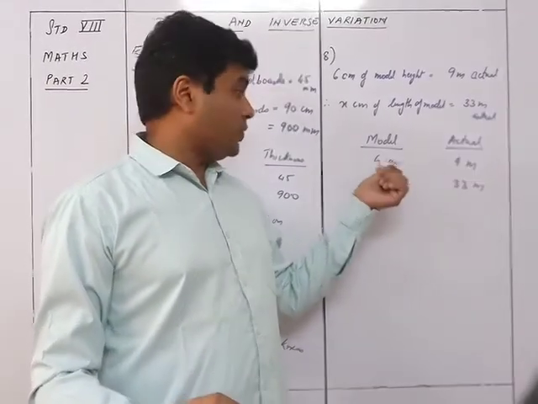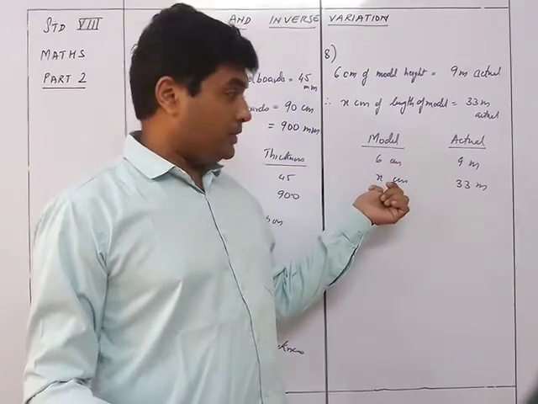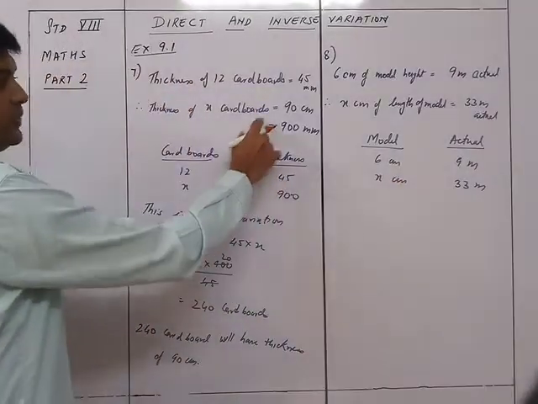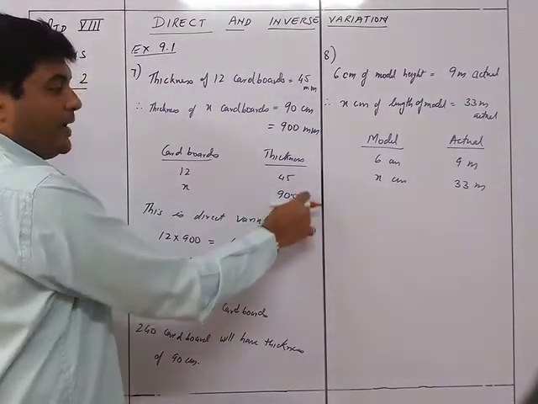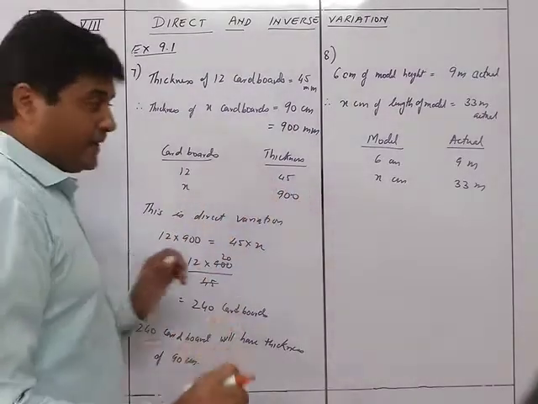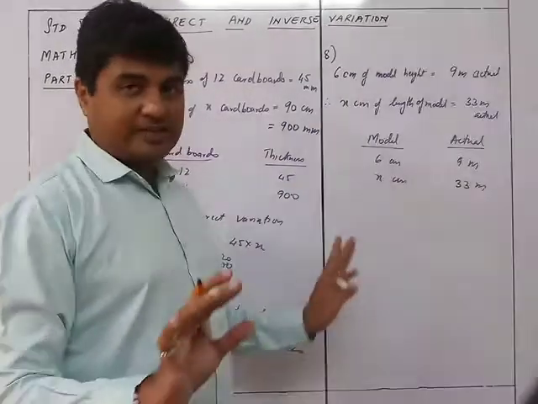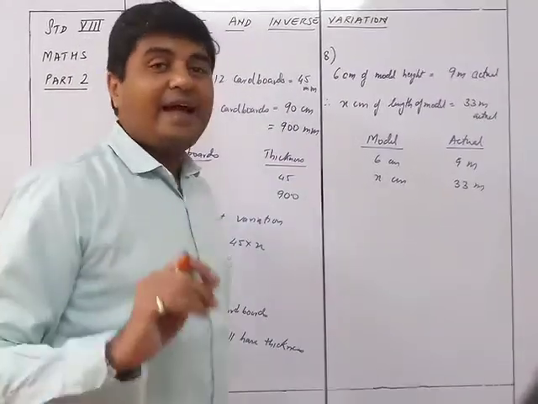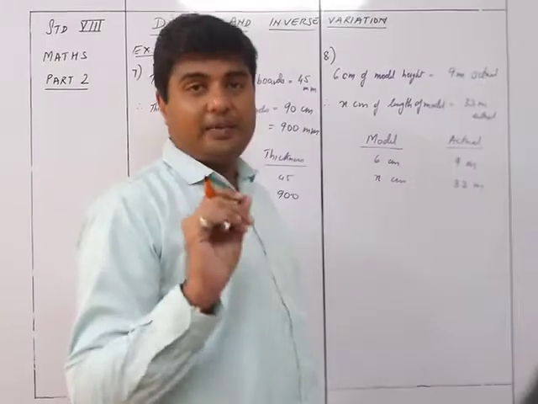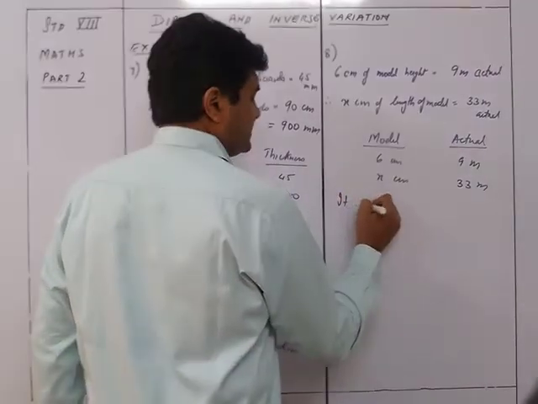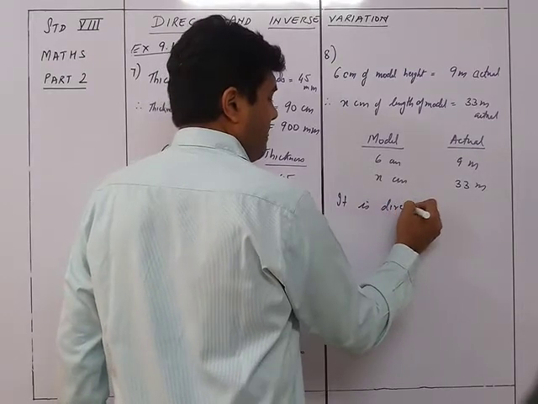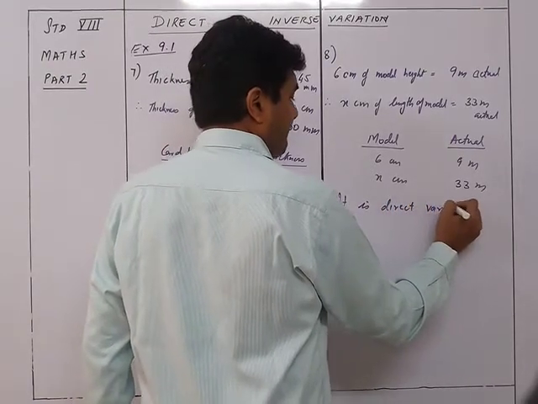Whatever is the unit over here, the same unit I am going to get over here. In the earlier case, we had this in mm and this in centimeters. That's why we converted into mm, because both these should be the same. Here these two are same and these two are same. So not a problem. Only thing is that the value of X you will be getting will be in centimeters and not in meters. So again, it is direct variation.